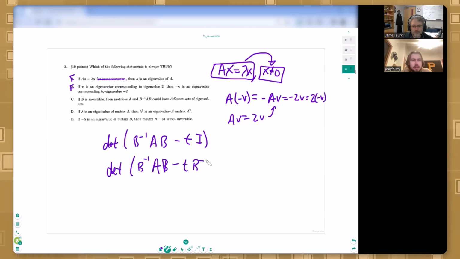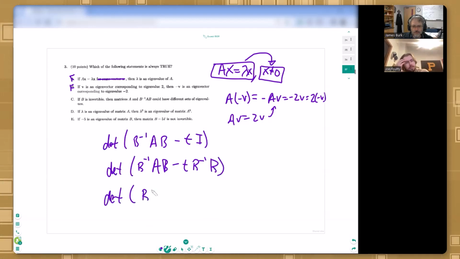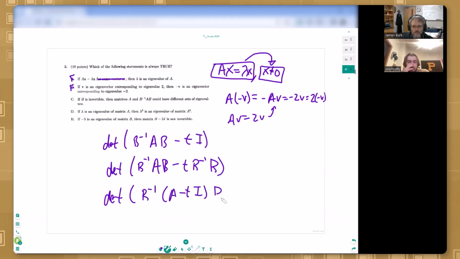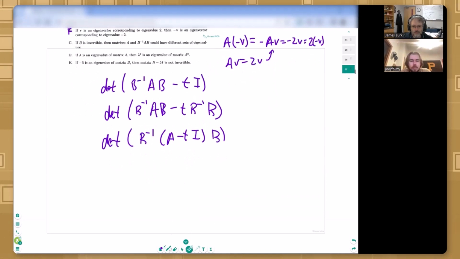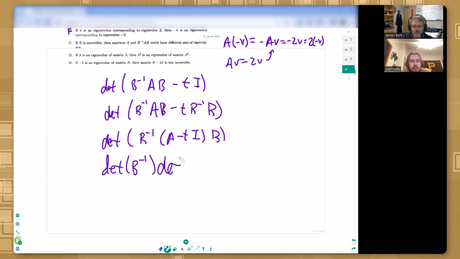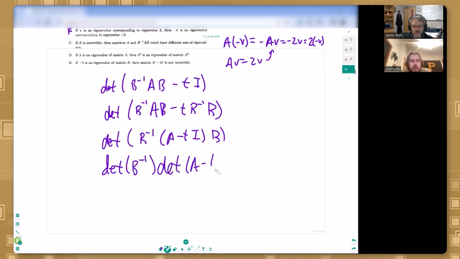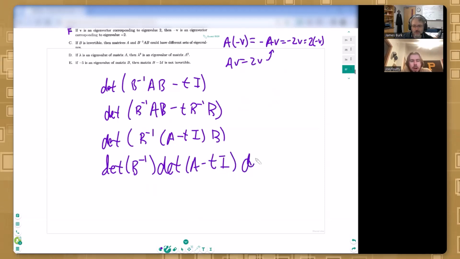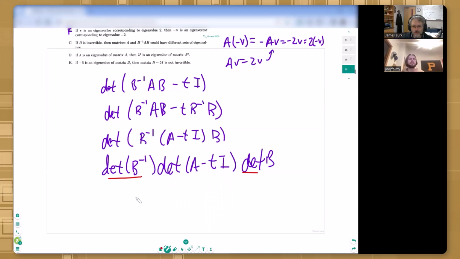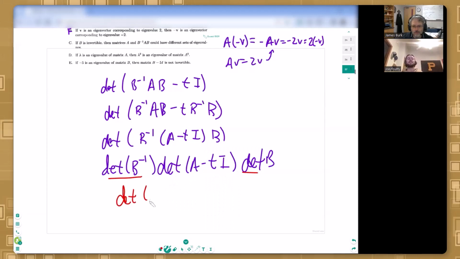Well, isn't the inverse and B just, Okay, so what am I calculating right now? And there is a special name for this type of determinant. Remember what this one was called?